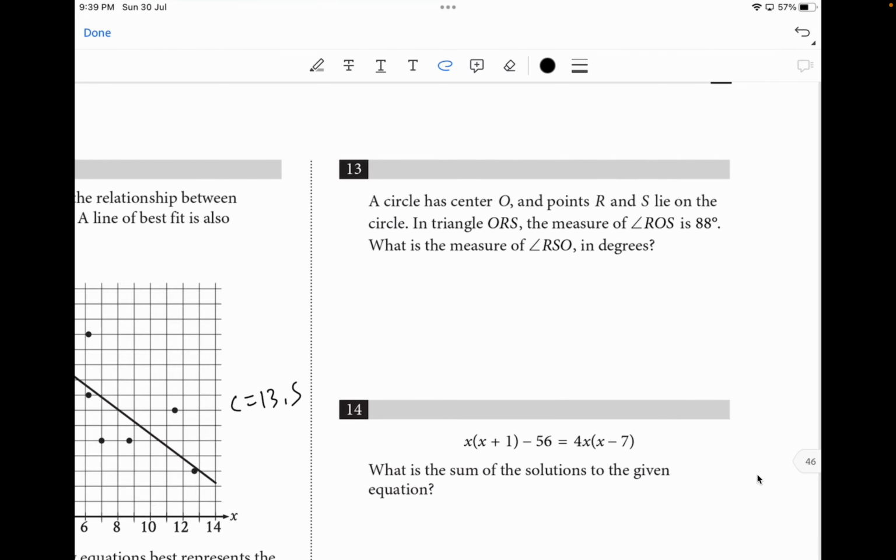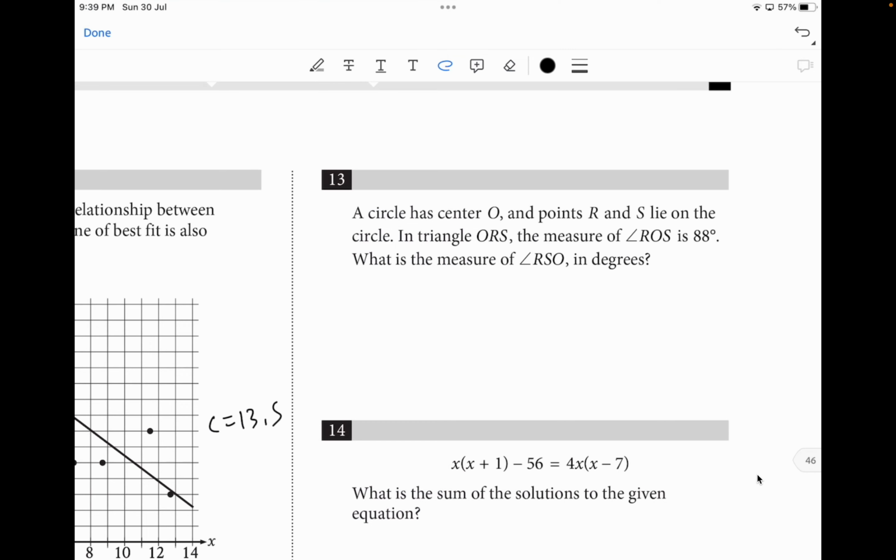Question number 13. A circle has center O and points R and S. So we're just going to be drawing out a circle. There's a circle. It has a center O in it, and the points R and S lie on the circle. So we can see R and we can see S. Okay, they lie on the circle. In triangle ORS, the measure of angle ROS.